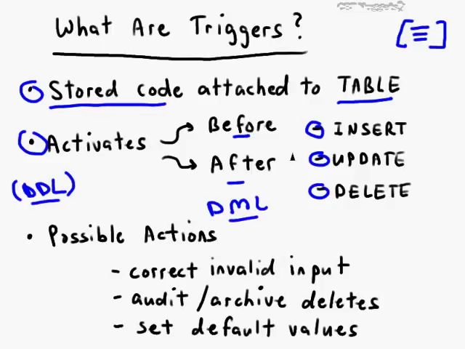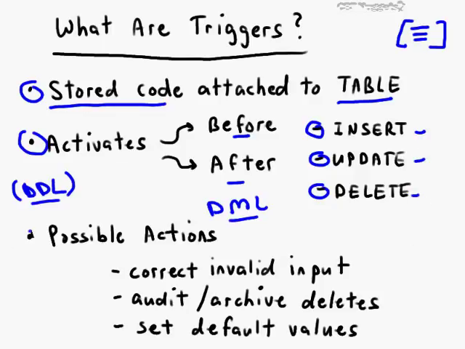All right. Now, what can we do with these triggers? We know that a trigger is stored code attached to a table, and it's code that's going to fire off automatically either before or after somebody, being defined as a table user or potentially even a database administrator, executes an insert, update, or delete on that table.